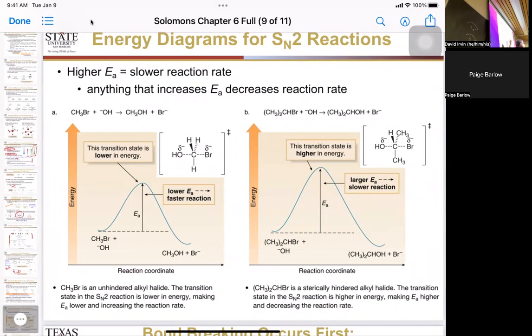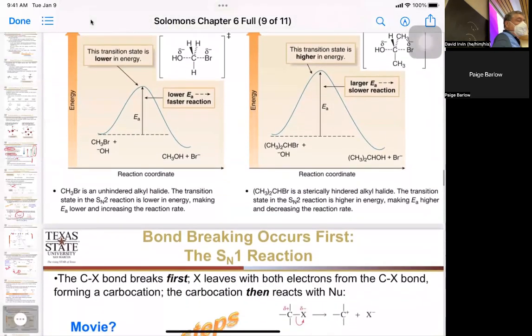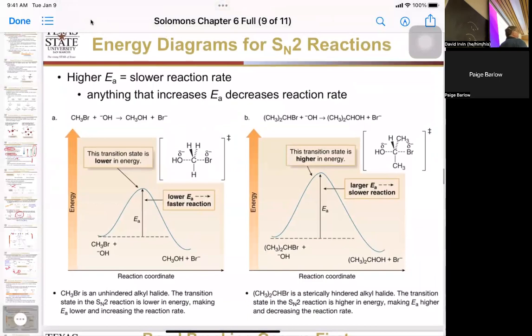The energy is high because it has to squeeze itself in. If you put even 2 methyl groups on here, we're having to just squeeze past 2 much larger groups. And so therefore it's a higher activation energy, therefore it's a lower reaction rate. Okay. So that's SN2. We make and break a bond at the same time.